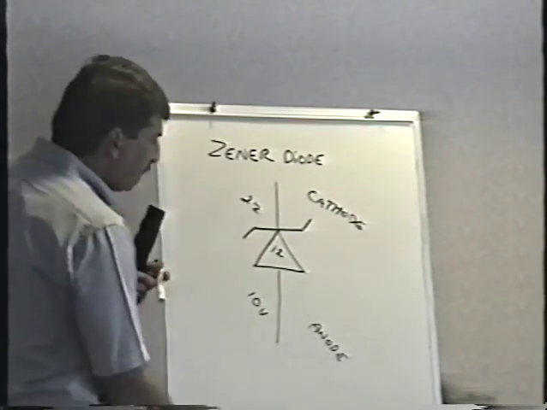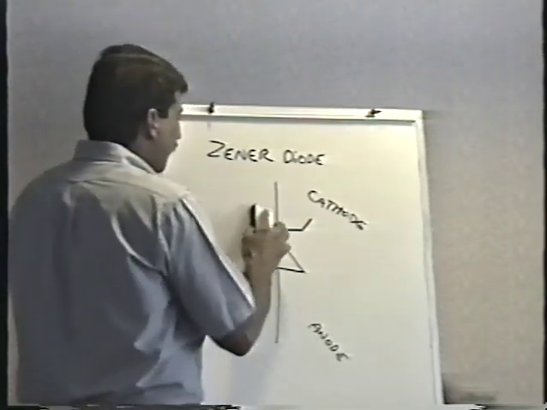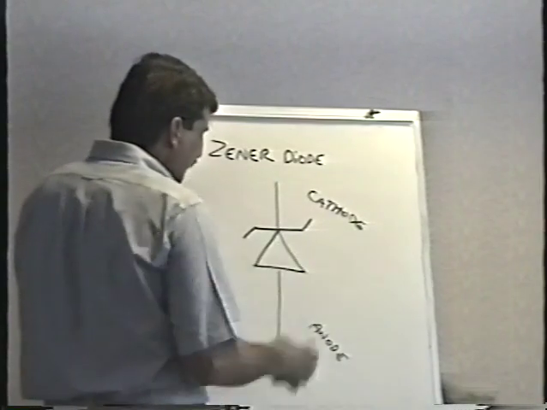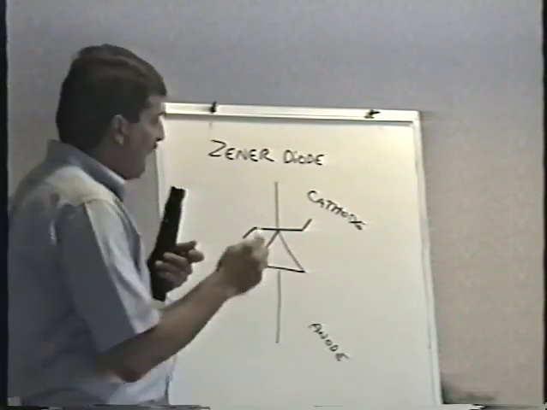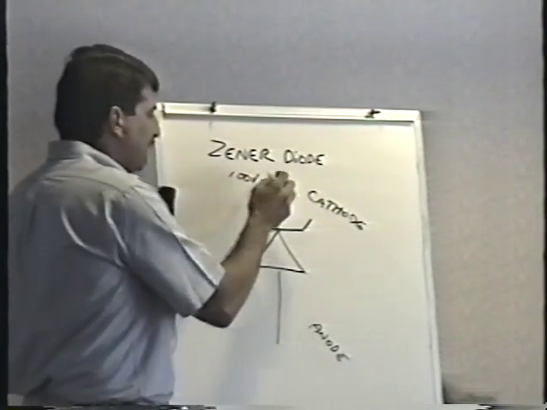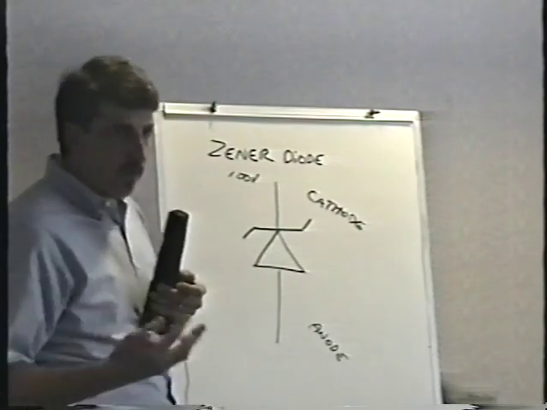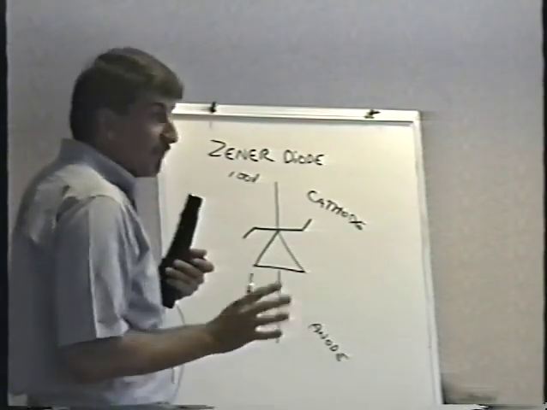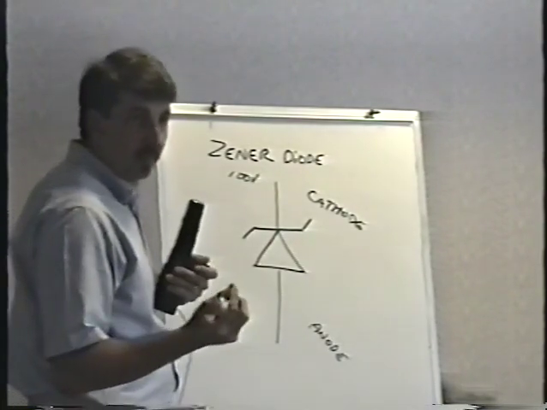Now there's a couple of different places where we might want to use a Zener diode like this. For instance, we might have a circuit that has a 100-volt power supply in it. Let's say there's some circuit that needs 100 volts, and there's a 100-volt power supply. But there's another circuit in the same unit, whatever it is, that needs only 20 volts to operate.